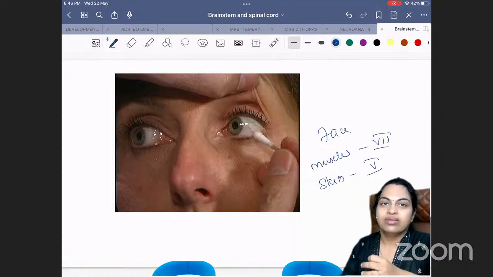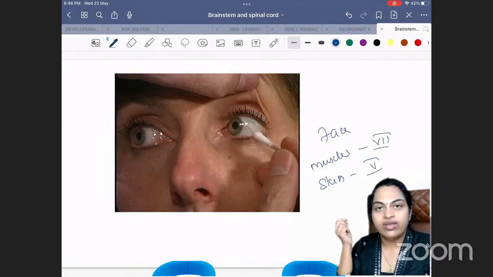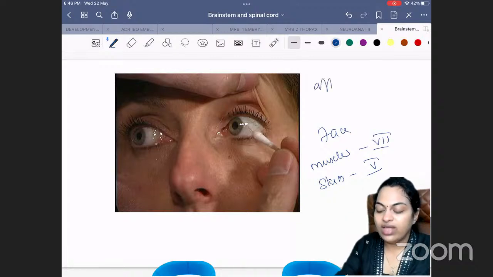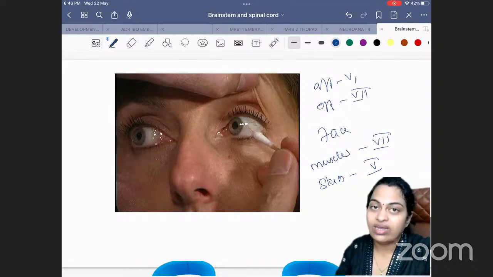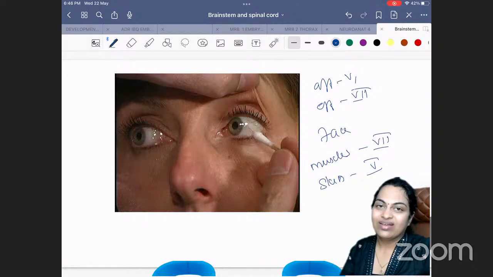And both the nuclei are close by. For example, the corneal reflex: you touch the cornea, the afferent is by the ophthalmic division of the trigeminal nerve. And the efferent is you close the eye, contraction of orbicularis oculi innervated by the facial nerve, right?